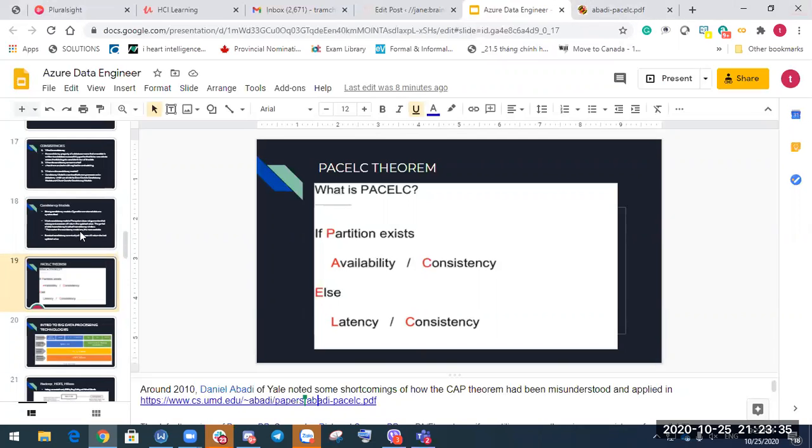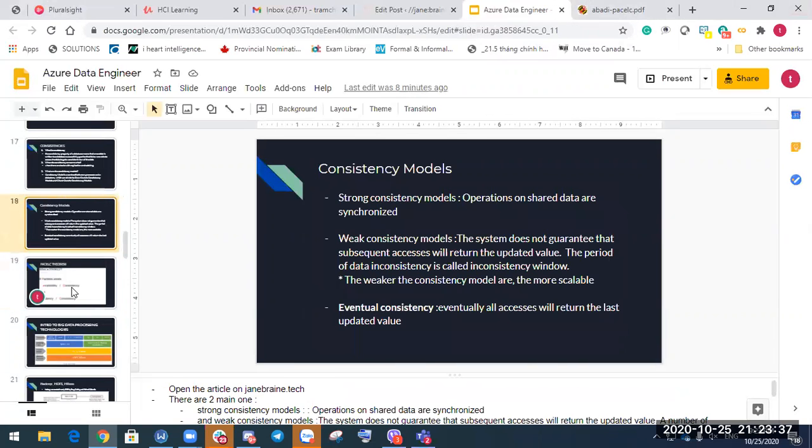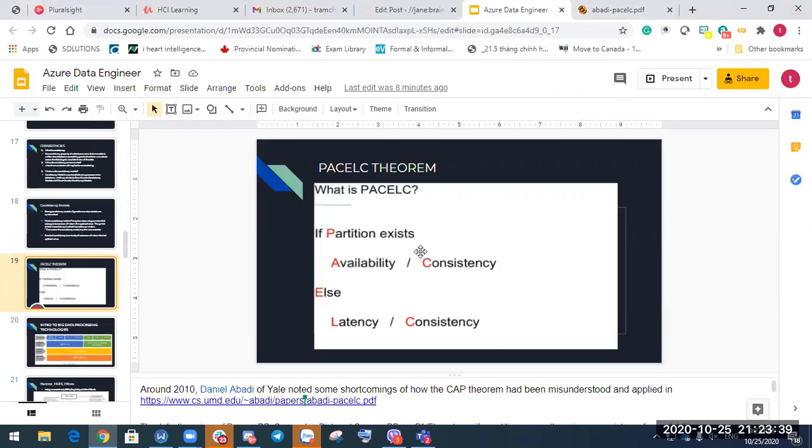As you understood in the last slide, I talked about partition, right? Partition here means when the network takes a break. So when it exists, what do you prioritize? The default version has two cases.